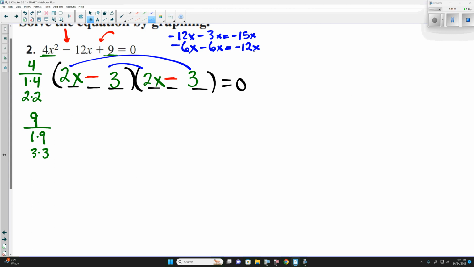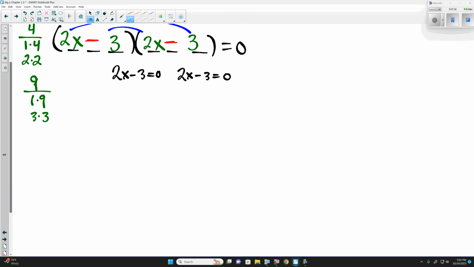Two sets of parentheses being multiplied together, two things being multiplied together to equal 0. So one of them must be 0. We're either saying that 2x minus 3 is 0 or 2x minus 3 is 0. At this point, we can solve for the value of x.